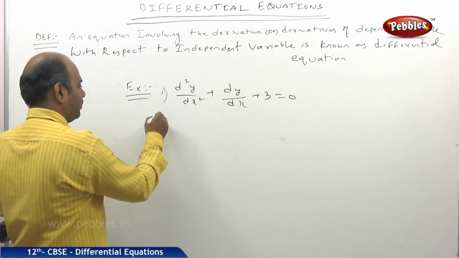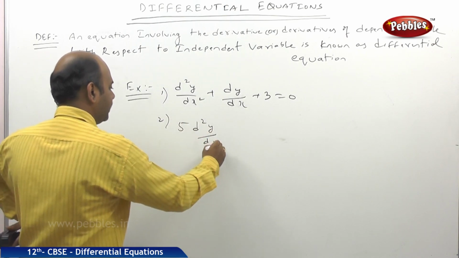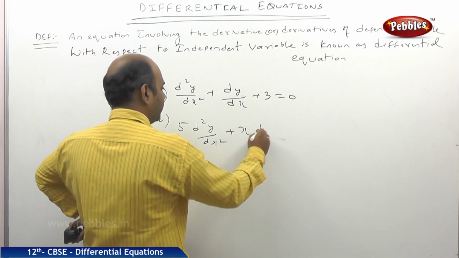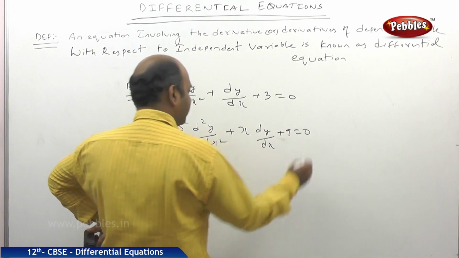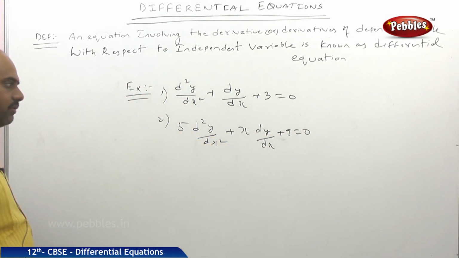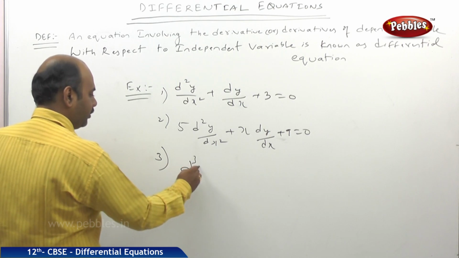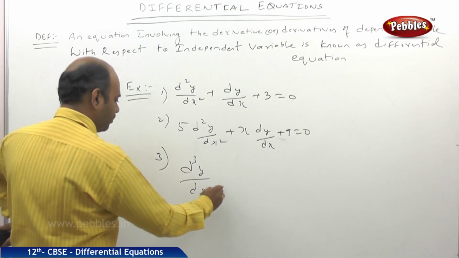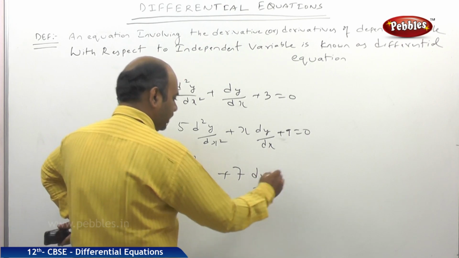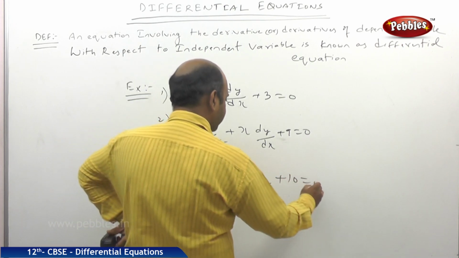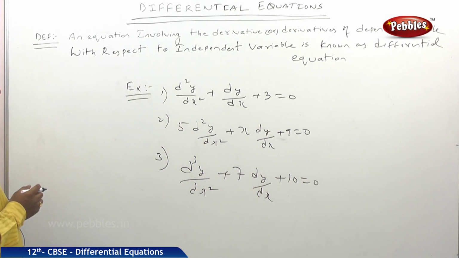Another example: 5 into d square y by dx square plus x into dy by dx plus 9 equal to 0. This is also a differential equation. Another example: d cube y by dx square plus 7 into dy by dx plus 10 equal to 0 is known as a differential equation.